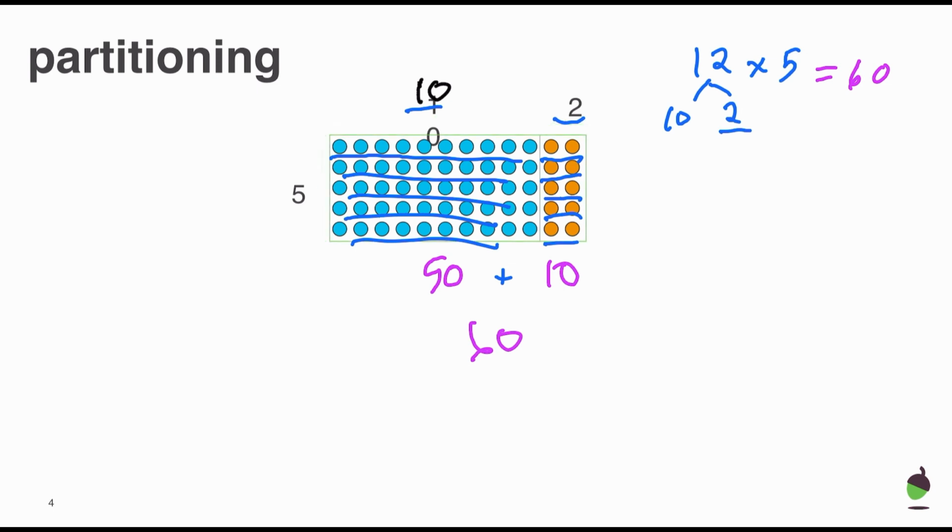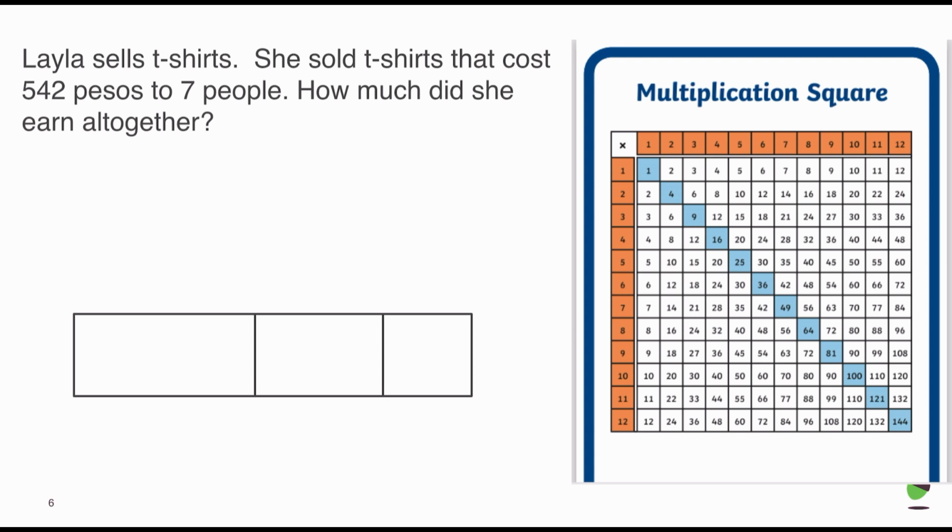Now let's see. Lila sells t-shirts. She sold t-shirts that cost 542. Ang mahal ng t-shirt ni Lila. To 7 people. How much did she earn altogether? So, si Lila nagbenta ng t-shirt sa 7 tao. So, ilang tao yung pinagbentahan niya? 7. So, sabihin natin na 1, 2, 3, 4, 5, 6, 7.